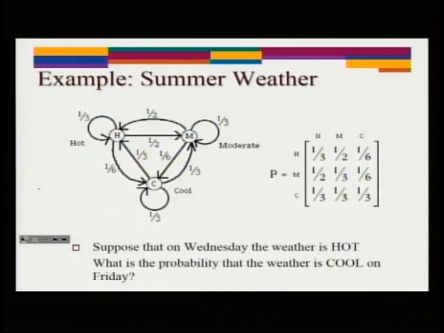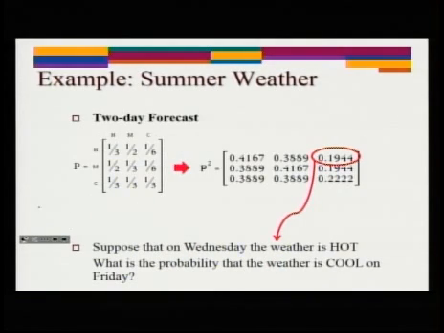So in this example, we wanted to know the probability that the weather is cool on Friday, given the weather is hot on Wednesday. And because starting from Wednesday, Thursday, Friday is the 2-day weather forecast, right? So the 2-day weather forecast was found in this P square matrix, right?